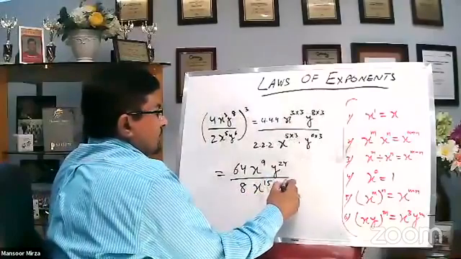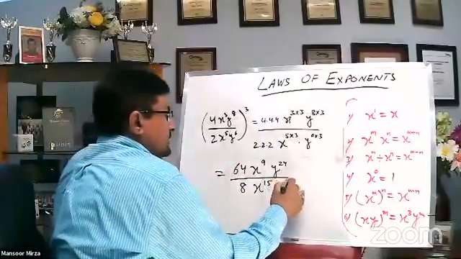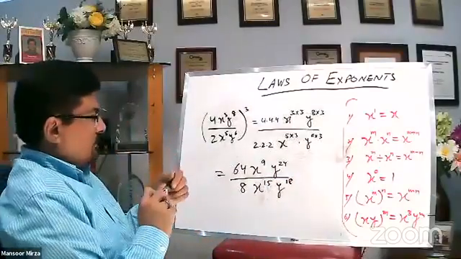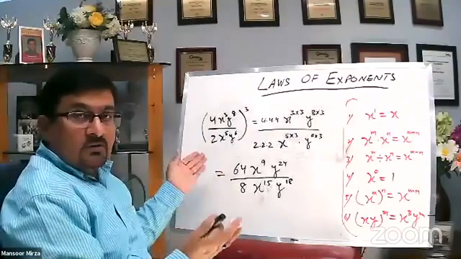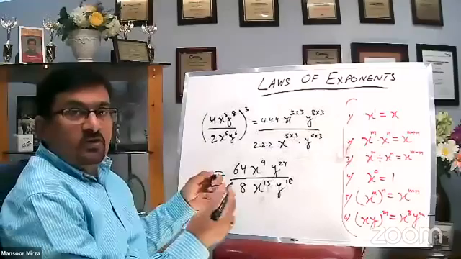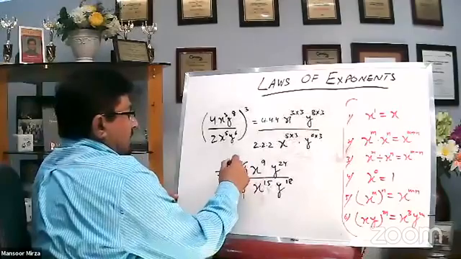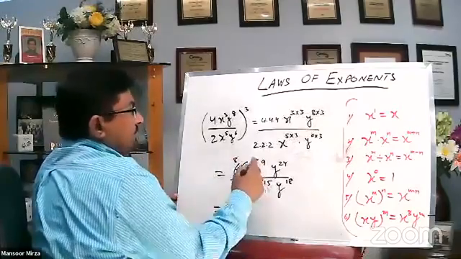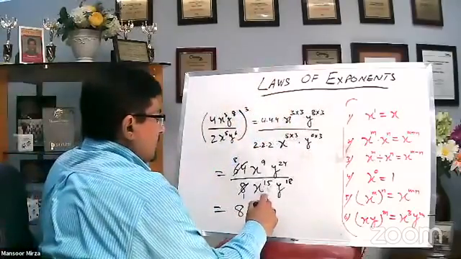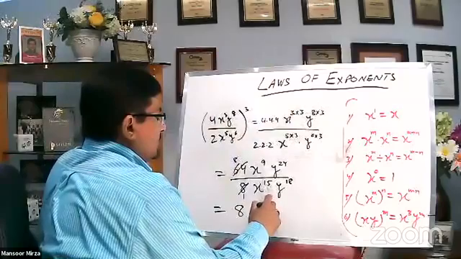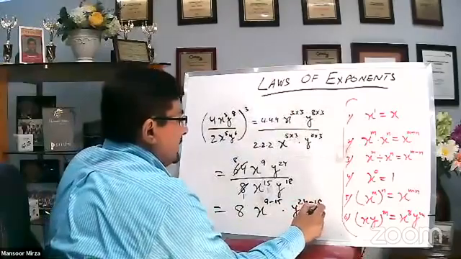Now, do you see this is our final answer? No. Still there is some more calculation and simplification required. In this case, if I divide 64 by 8, I am left with 8. In this case, I will do the same thing I did in the previous question, and I can write down x^(9 minus 15) and y^(24 minus 18).